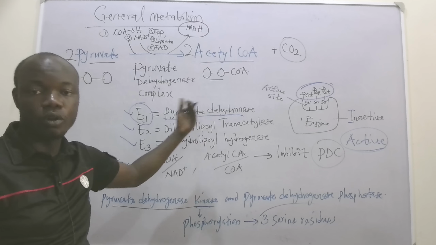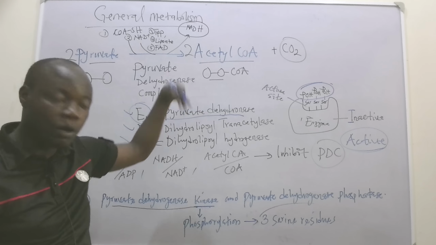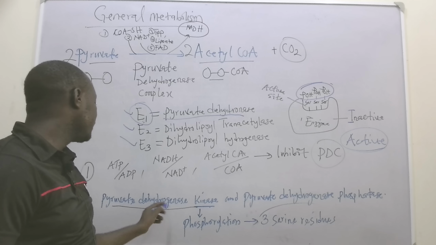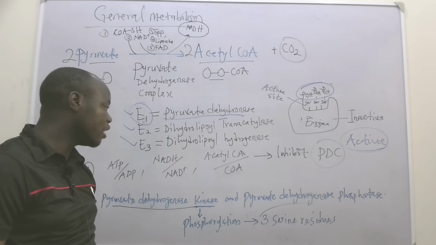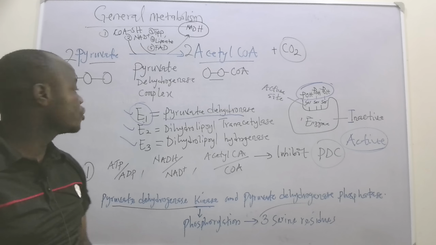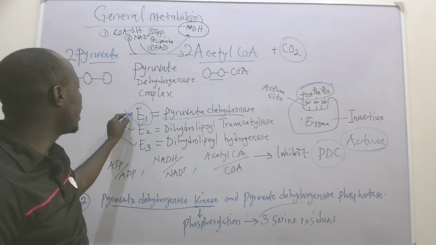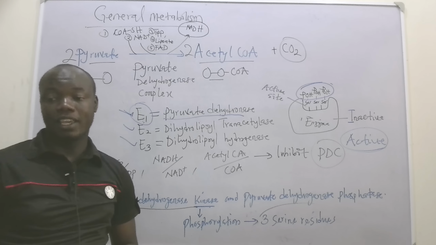So you can turn it on, turn it off, upregulate it and downregulate it using pyruvate dehydrogenase kinase and pyruvate dehydrogenase phosphatase, specifically acting on the E1 enzyme.